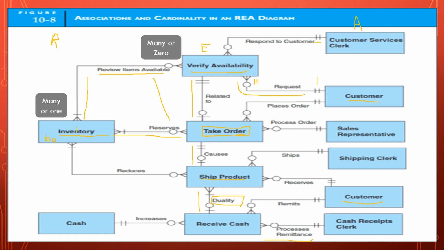So in this case, we see here shipment of the product, many or one, it should have zero or one receiving of cash. What does it mean? Meaning that for the shipment of product, either it is one shipment or many, we can record one cash receipt for one shipment or for many.